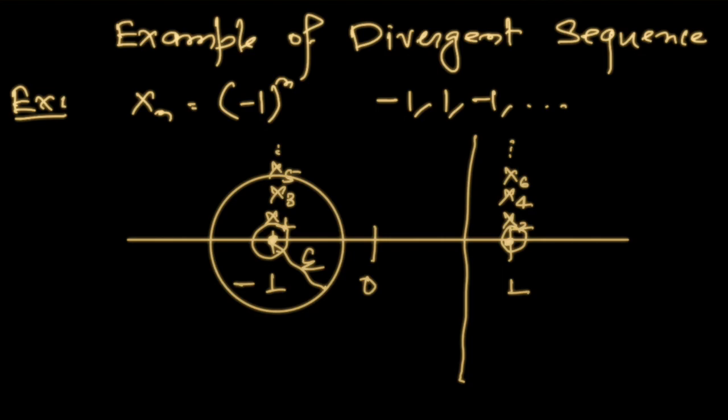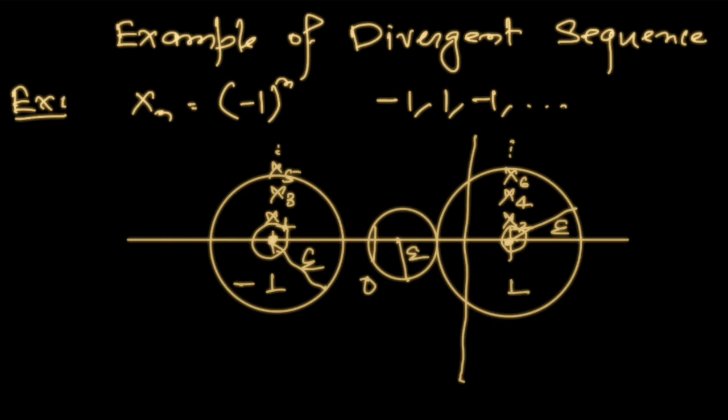So we can say that this sequence does not converge to -1. In a similar way, we can find an epsilon so that the sequence does not converge to 1, and actually we can find an epsilon around any point. There are infinitely many terms which are outside these balls, so this sequence diverges.